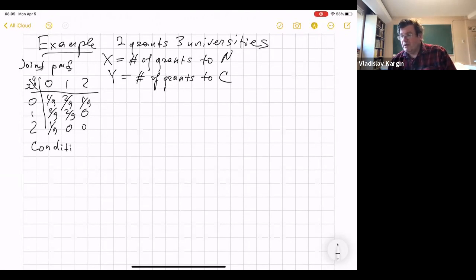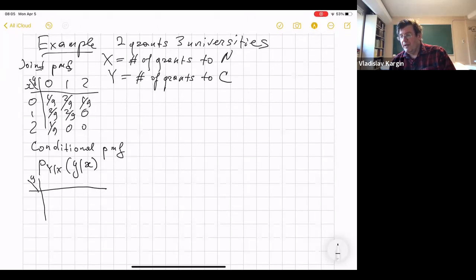So, conditional PMF, and the condition here will be P of Y given X. Y is unknown and X is given. It's the same table but with different numbers.